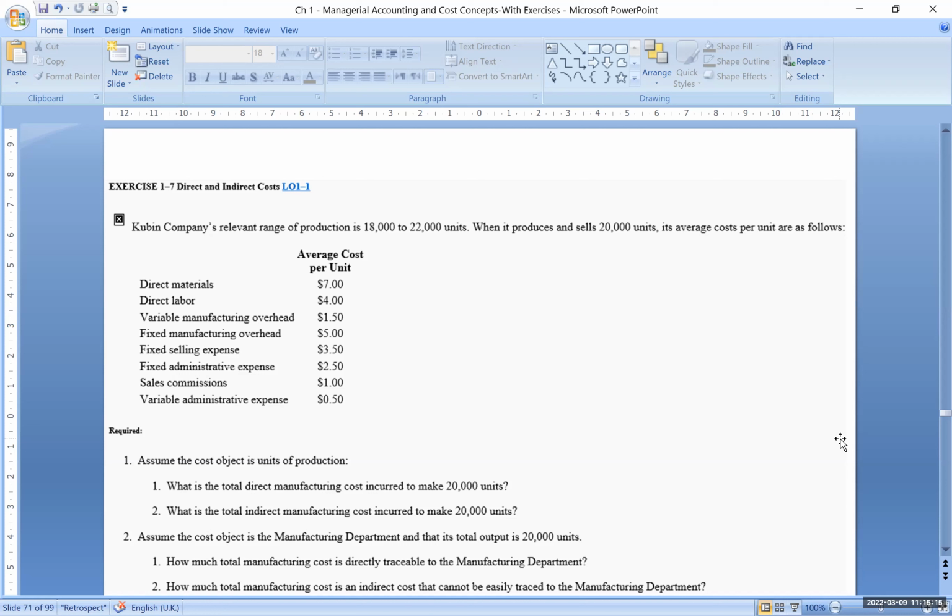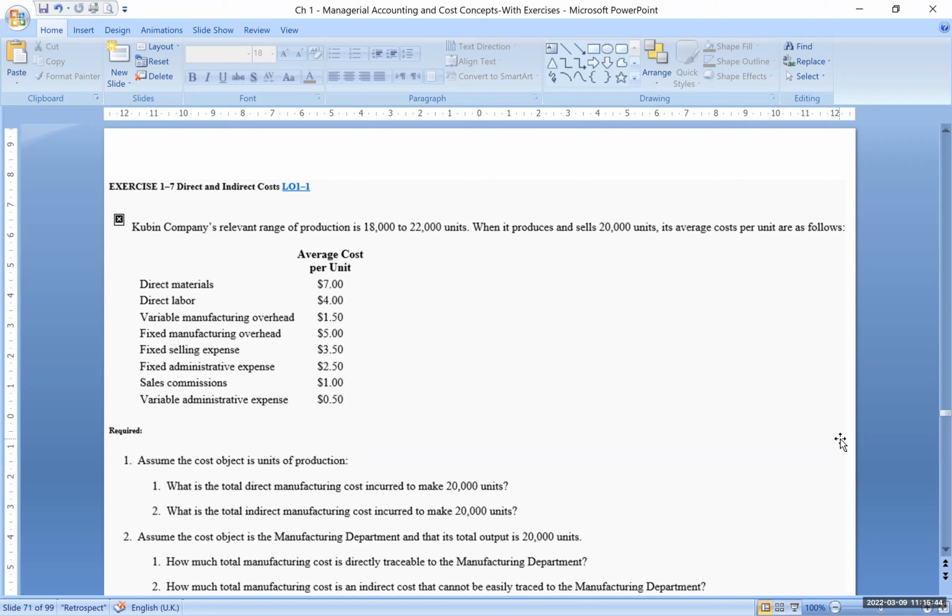How much total manufacturing cost is directly traceable to the manufacturing department? Think about the question in a way that what are the manufacturing costs that we have to add to the manufacturing department? If we think about the direct materials, the $7, is it traceable to the manufacturing department?